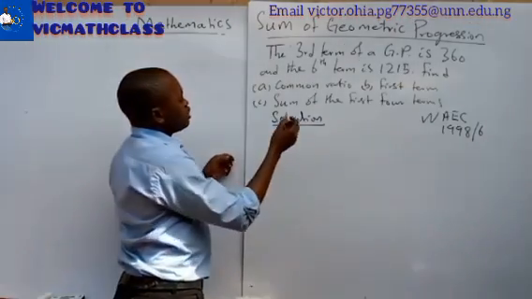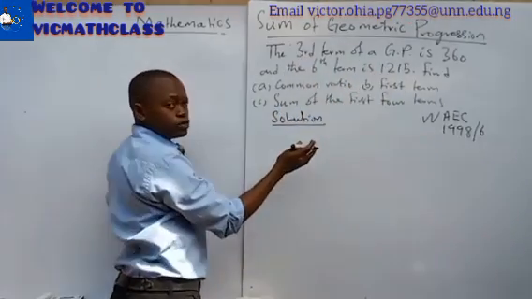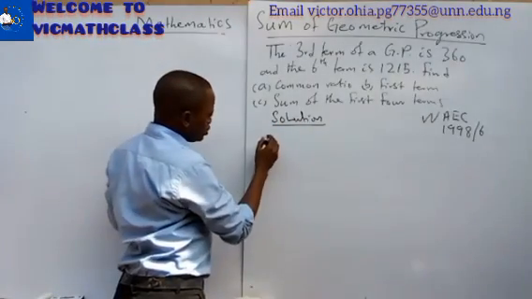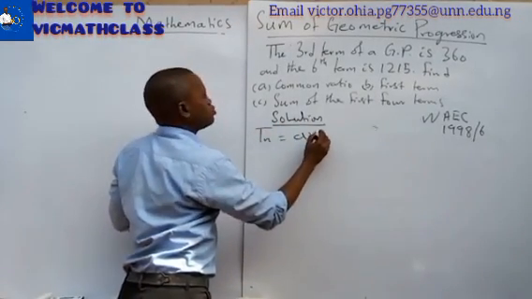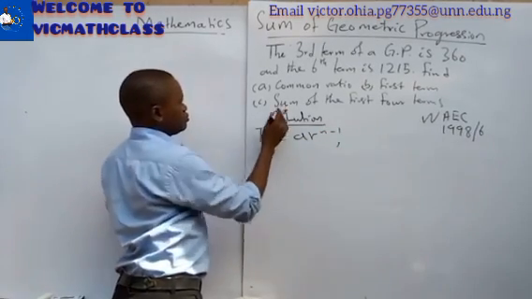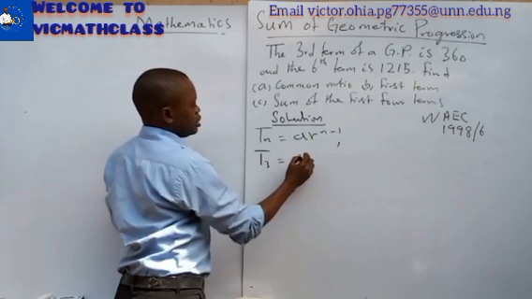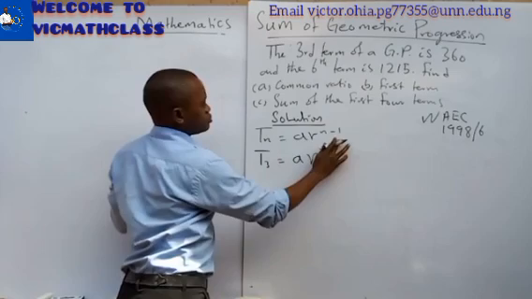If I look here, I'm seeing the third term, and that third term's value is made available. So from the mathematical expression which says Tn equals a r raised to power n minus 1, I will start with T3. T3 is a r raised to power 3 minus 1.